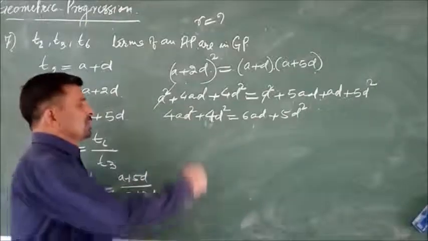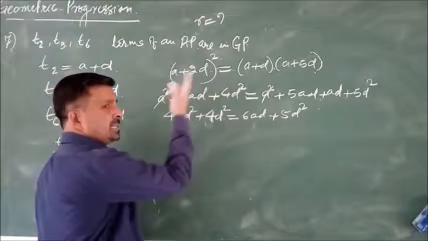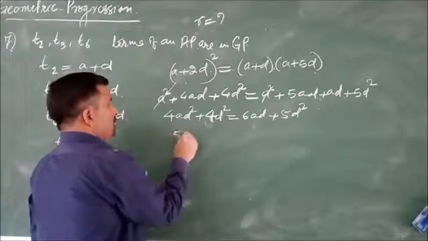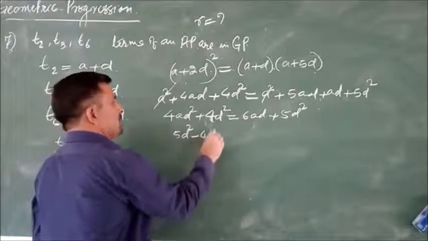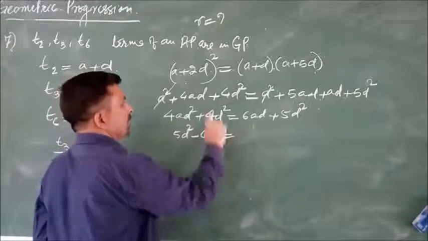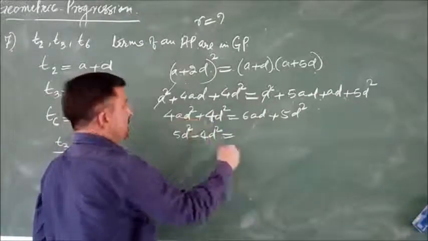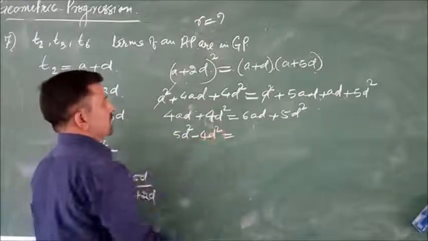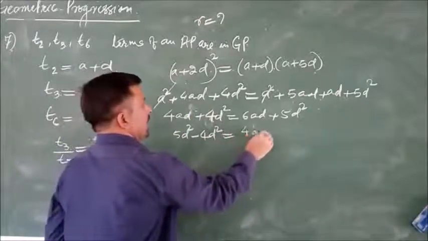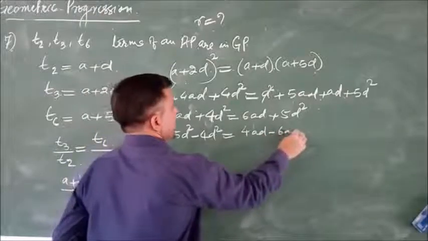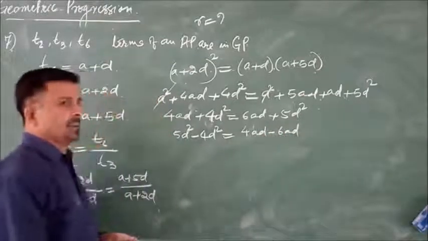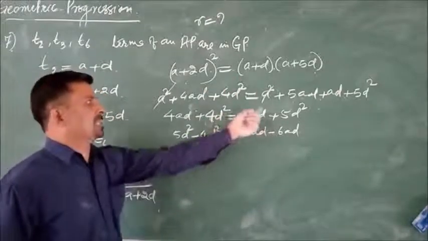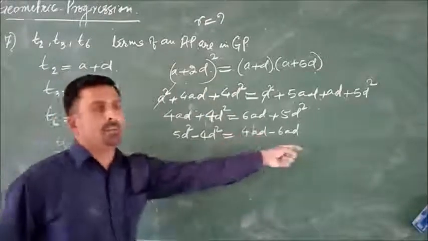I am going to take the D square terms to one side and the AD terms to the other side. So 5D square minus 4D square is equal to 4AD minus 6AD. 4D square went to that side and became negative, and 6AD came to this side, so that became negative.